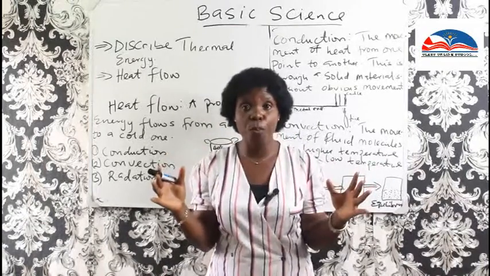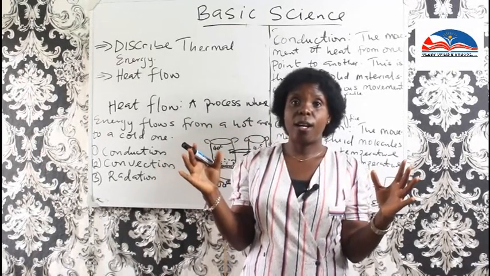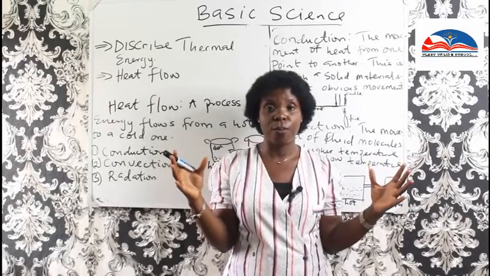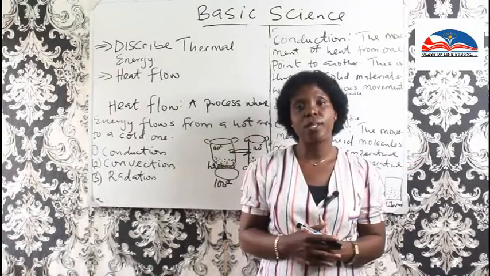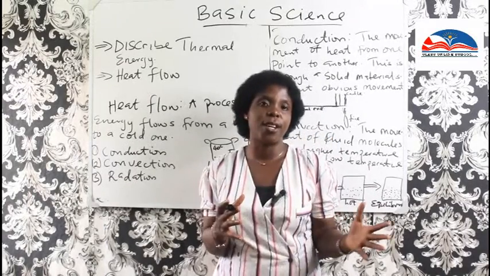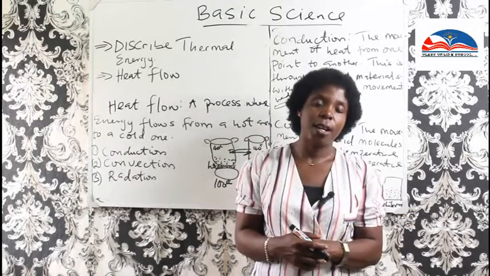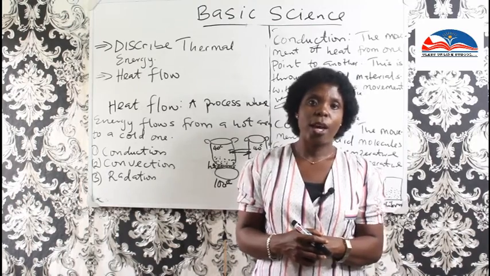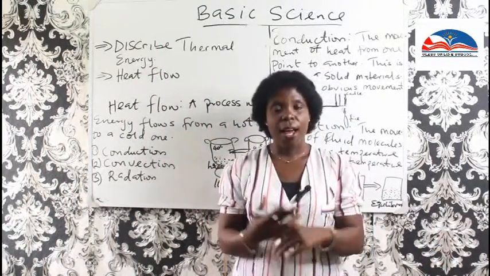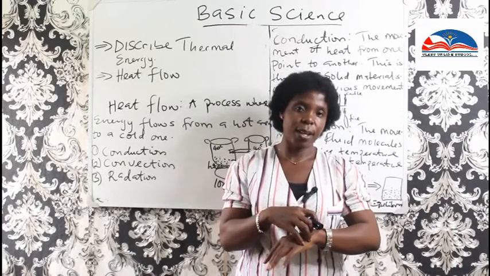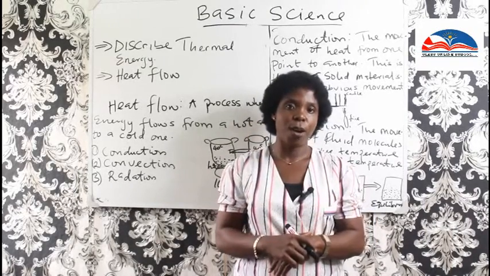Okay? This has no medium. It happens in a vacuum. So, if it happens like this, we say that radiation has taken place. So the sun transfers its heat to our skin via a vacuum.